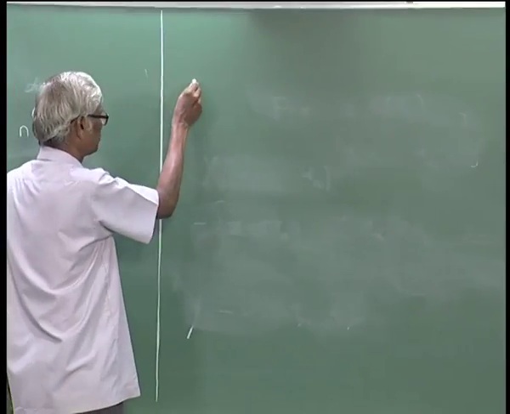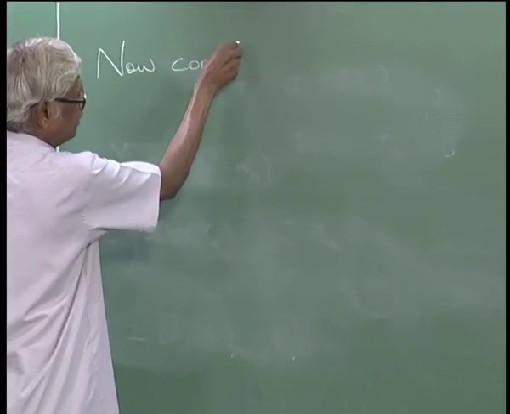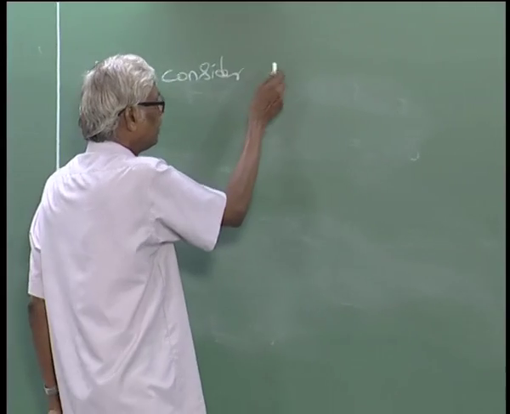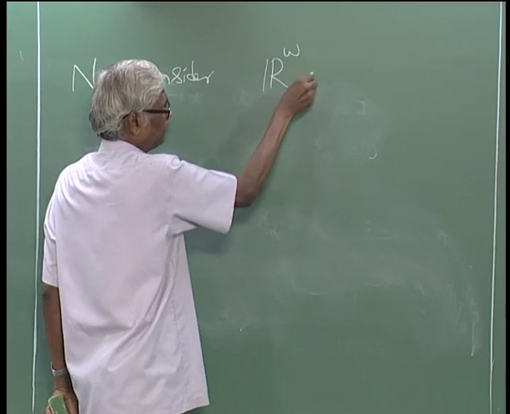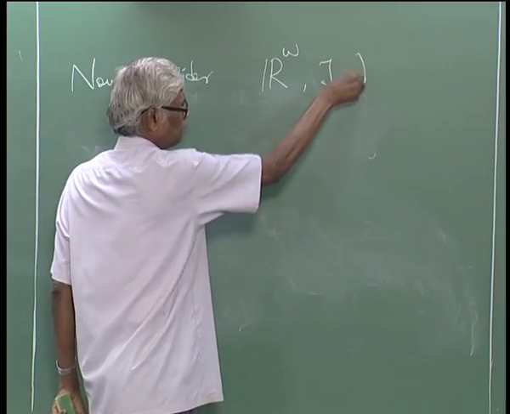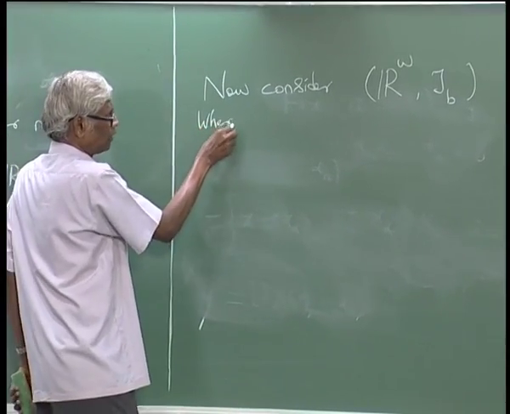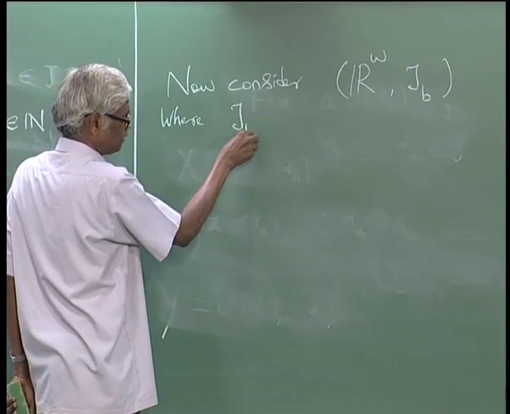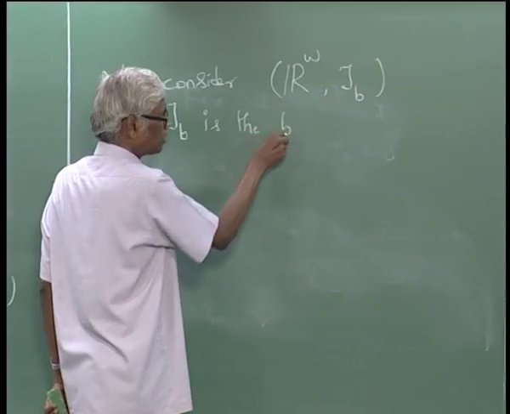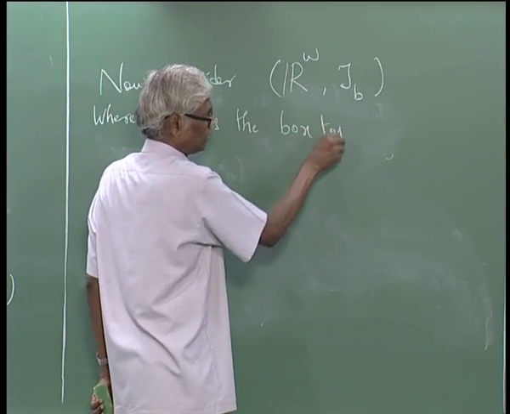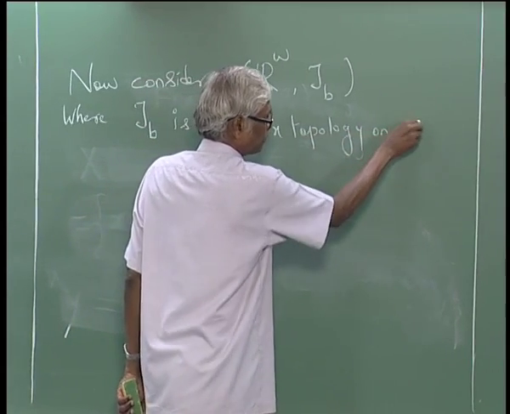So now consider R^ω with τ_B, where τ_B is the box topology on R^ω.